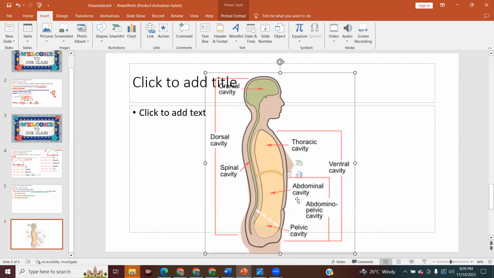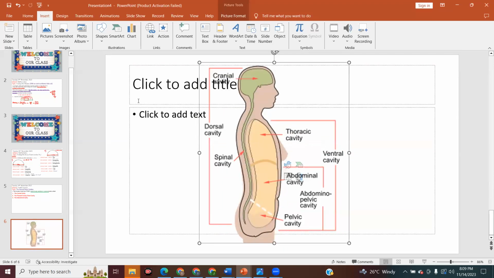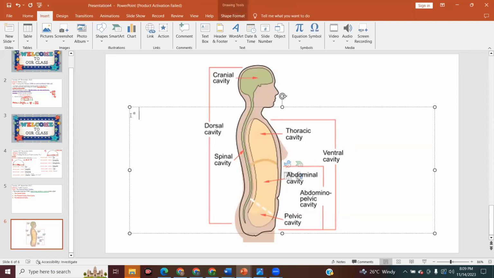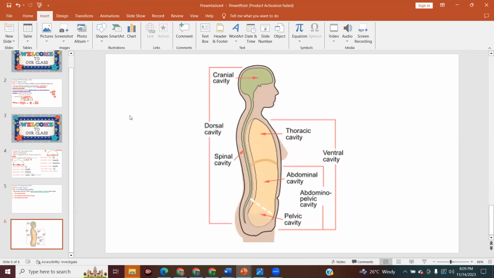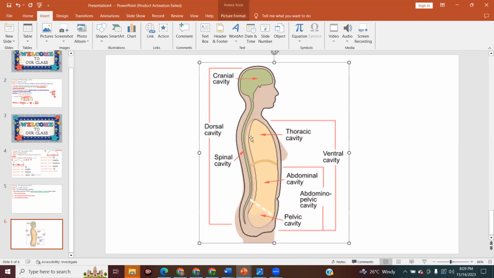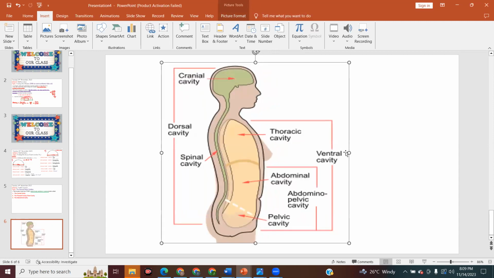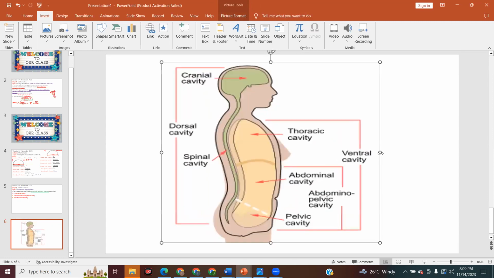So we have the cranial cavity on top. The thoracic cavity, which is basically the chest cavity. And then we have the abdominal cavity, which is right there.